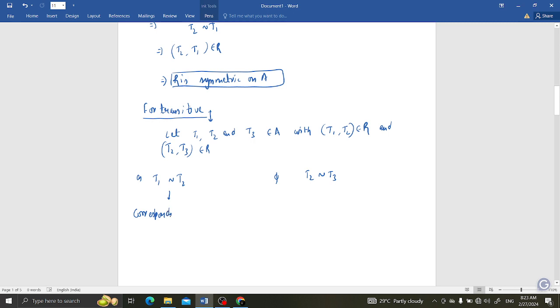Corresponding sides of T1 and T2 are proportional. Okay, same thing for this one: corresponding sides are proportional.